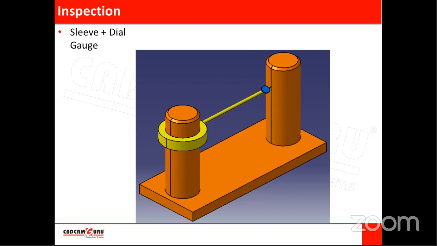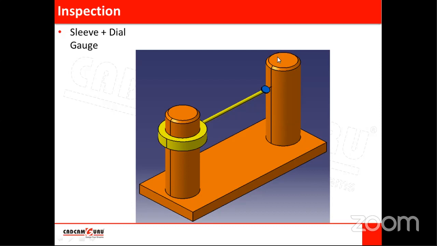But one thing is difficult. If the feature under consideration has a tilt in this direction and it remains vertical otherwise, then it will not show any deviation, but actually the component is tilted in this direction. If the tilt is towards this feature or away from this feature, then we can mark that error.